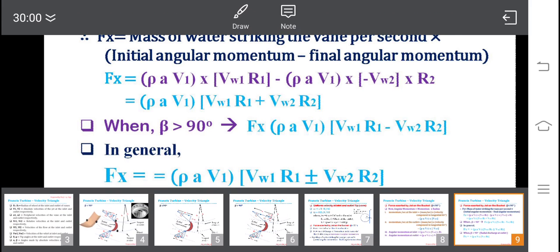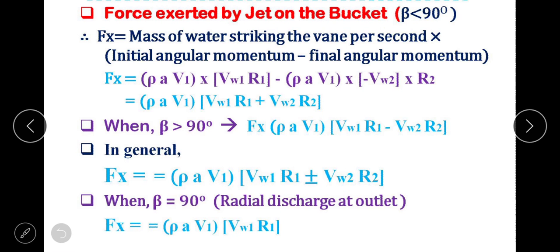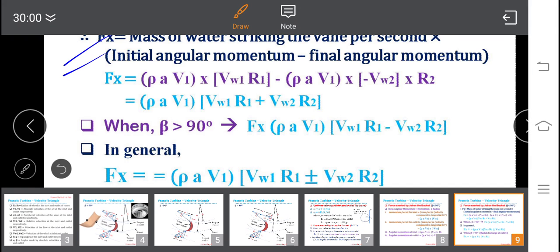Therefore, Fx, force exerted in the direction of flow, is mass of water striking the vane per second multiplied by initial angular momentum minus final angular momentum. Therefore, Fx is equal to rho a v1 multiplied by vw1 r1 minus rho a v1 multiplied by minus vw2 multiplied by r2.